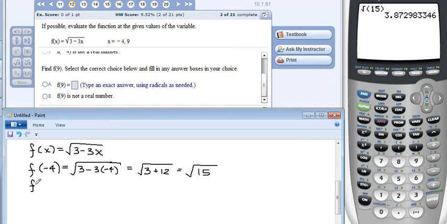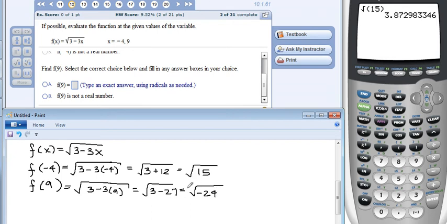F of 9. Okay, so again, I'm replacing my x with a 9. 3 minus 3 times 9. And negative 3 times 9 is a negative 27. Right? Now I subtract. 3 minus 27 is a negative 24.